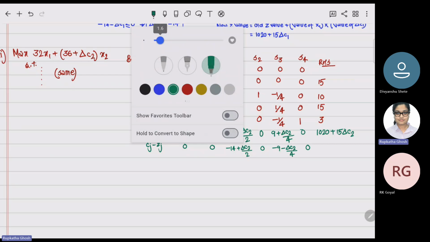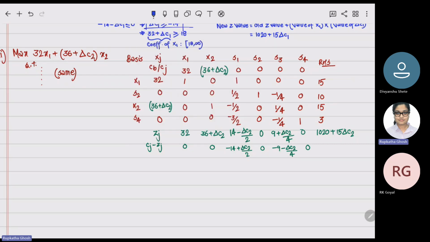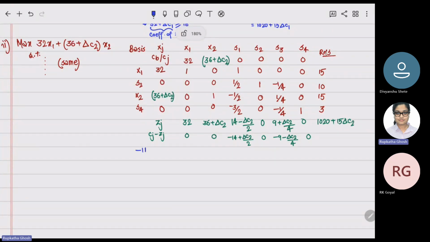And as per the optimality condition, your reduced cost value should be less than or equal to 0, right? So minus 14 plus delta C2 by 2 should be less than or equal to 0, and minus 9 minus delta C2 by 4 should be less than or equal to 0. So what do you get out of this? Delta C2 is less than or equal to 28.